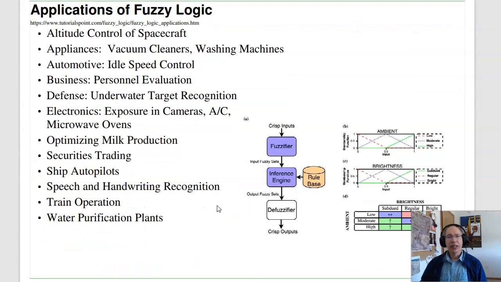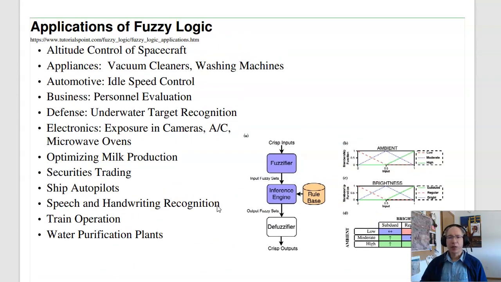Today, fuzzy logic actually has quite a few applications. It's being applied for aircraft control, spacecraft, vacuum cleaners, and washing machines. With a vacuum cleaner, what I might want to do is set the power or suction based upon how dirty it is. If you're cleaning up the cat's litter box room, I need a lot of suction because there's a lot of dirt coming up.